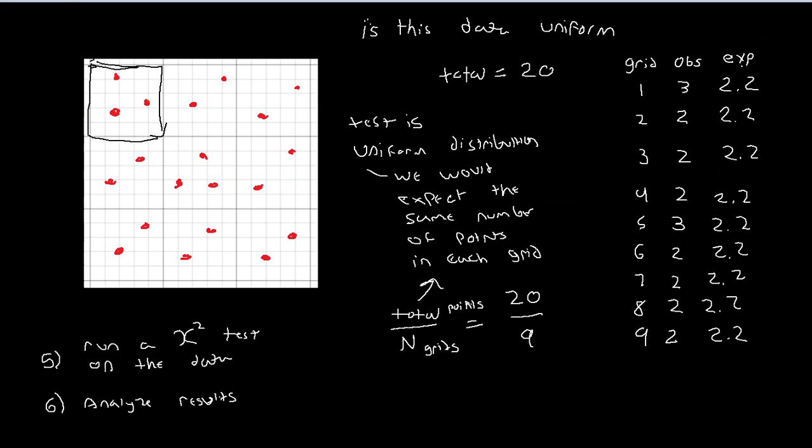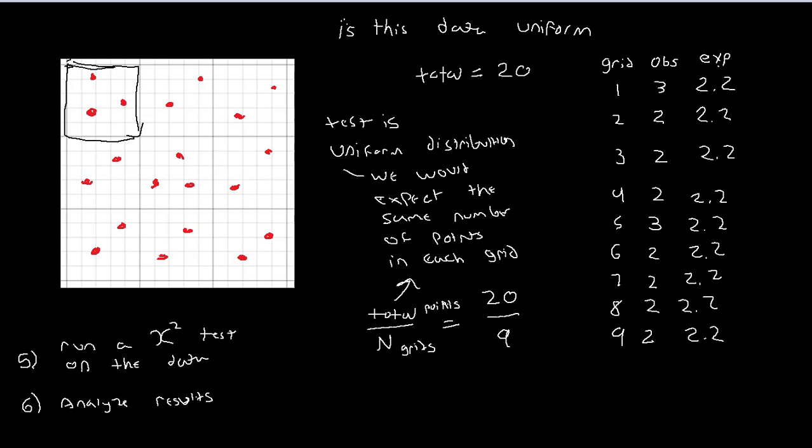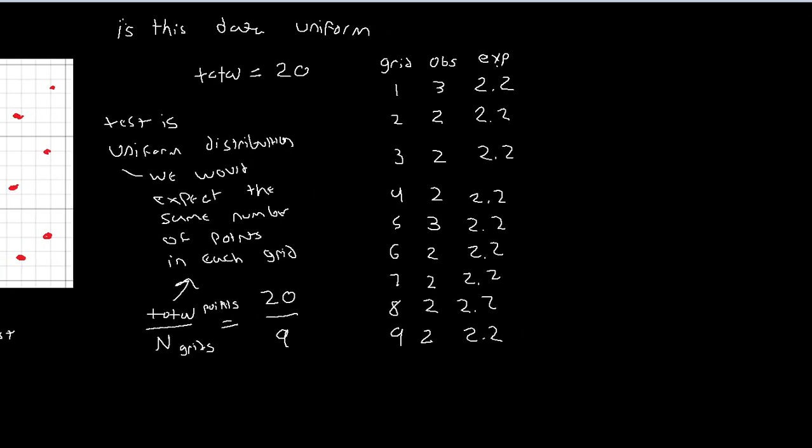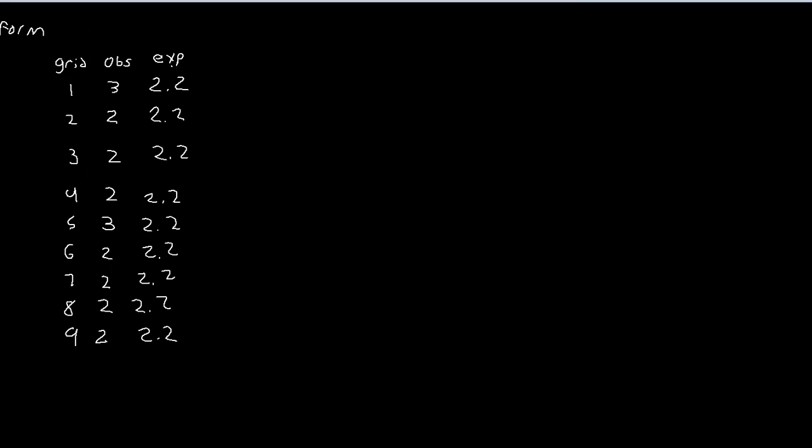So now we have to run the chi-square test. We can ignore the grid now and just look at this data table here. A chi-square is a goodness of fit test.